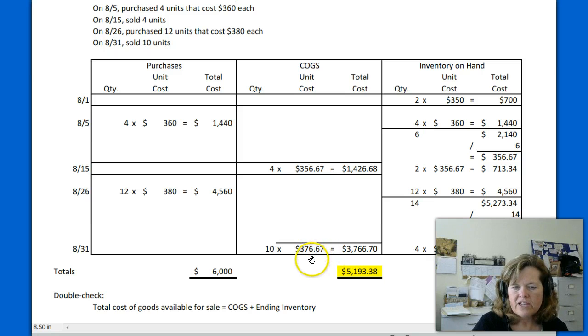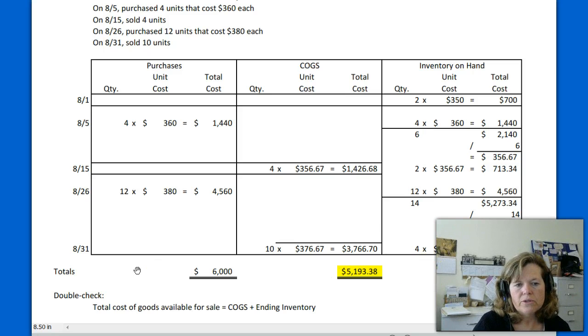I can then apply that to my cost of goods sold to figure out my cost of goods sold for that transaction. And then I also have the information to figure out what I have left at the end of the month. 14 units minus 10 gives me 4 left. I'm going to use my average cost per unit to come up with inventory at $1,506.68.